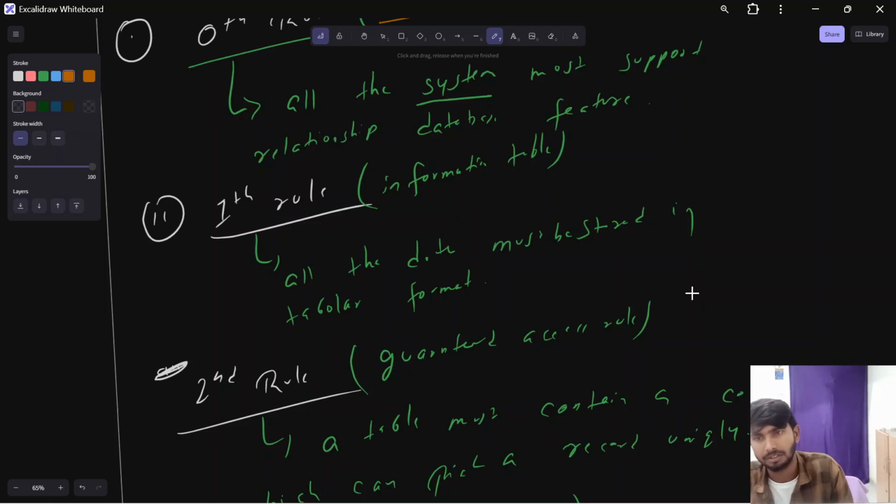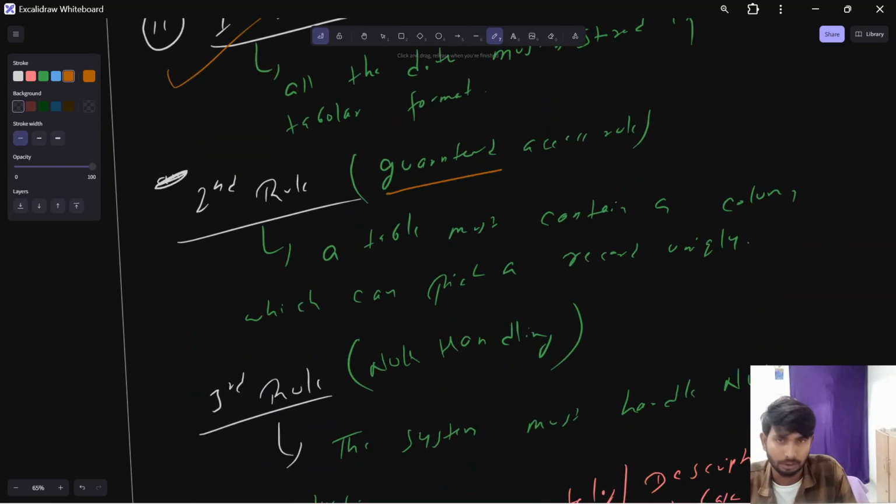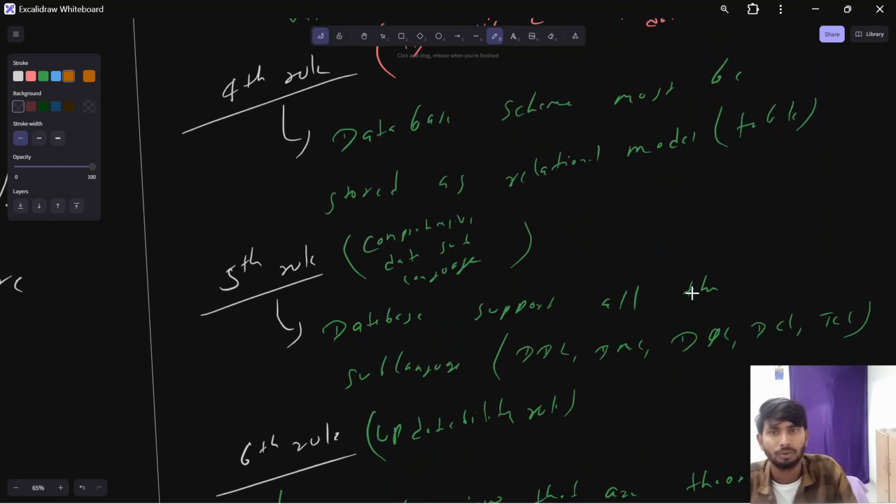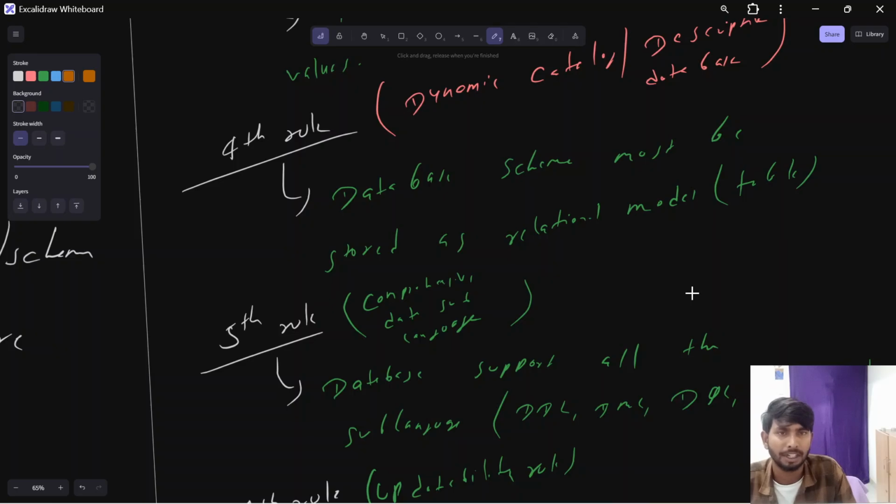Now we have the second rule, guarantee access, which means all data has a primary key. Third rule, null handling: it should handle the null value. Fourth, dynamic catalog, or descriptive database: the database schema must be stored in relational mode like tabular format.